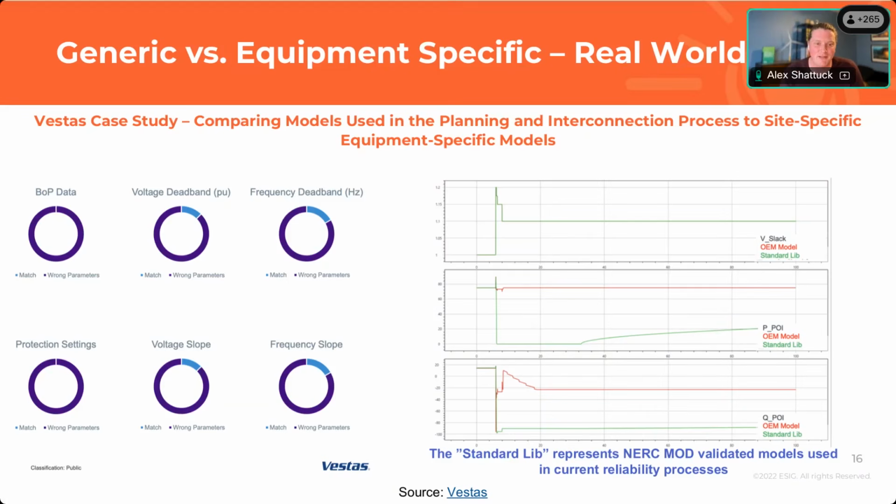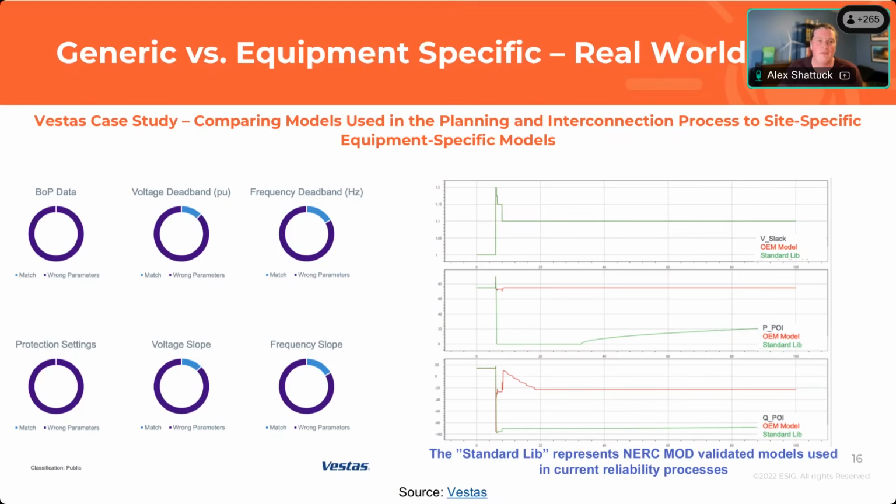That's a massive response. That's basically an entire plant variance in response between the standard library model and the manufacturer model with real parameters. And you'll see a similar kind of difference in shape and magnitude also for the reactive power response on the bottom there. So it's just a simple case study with a detailed plant comparison to show that even those currently regulatory compliant models, so you're not going to get a fine for any of this, it's perfectly within the process, you can see massive discrepancies in performance.